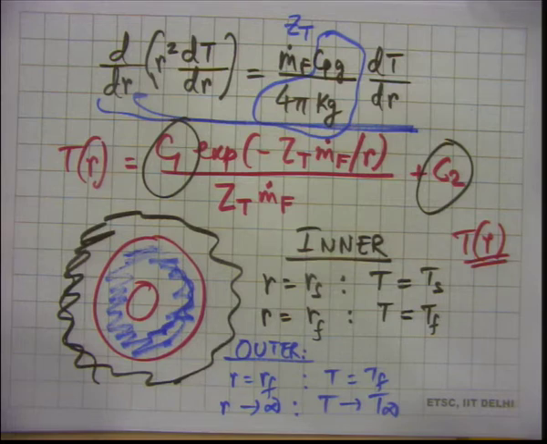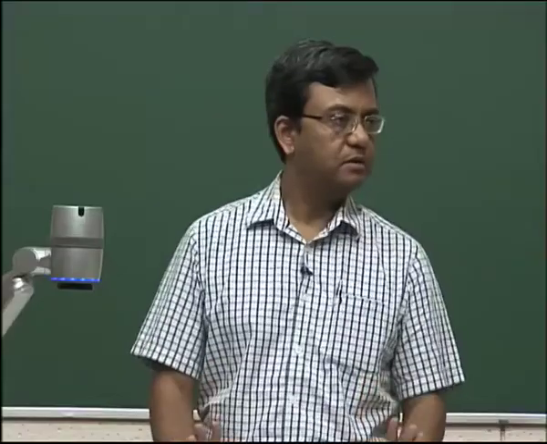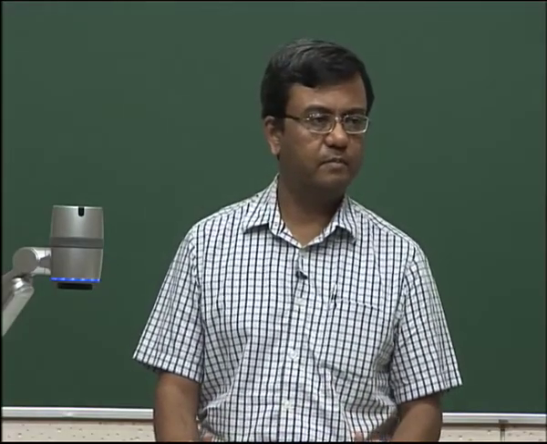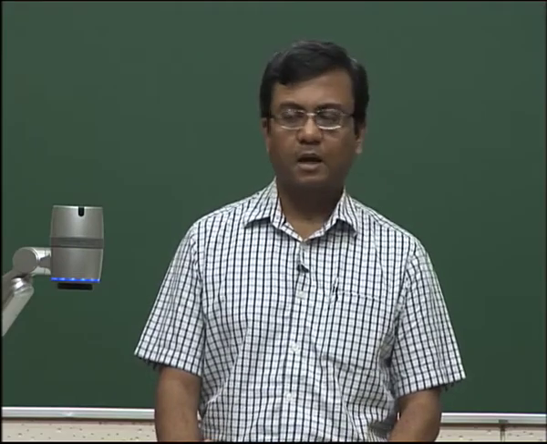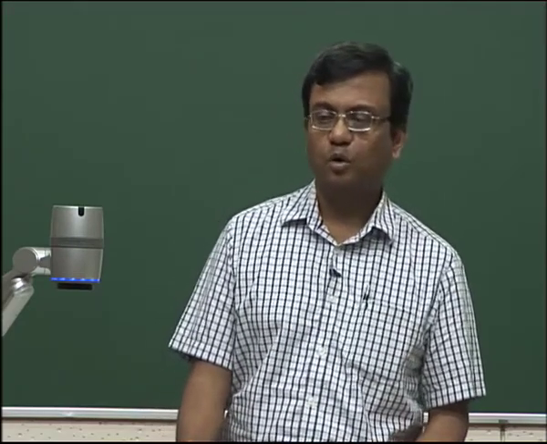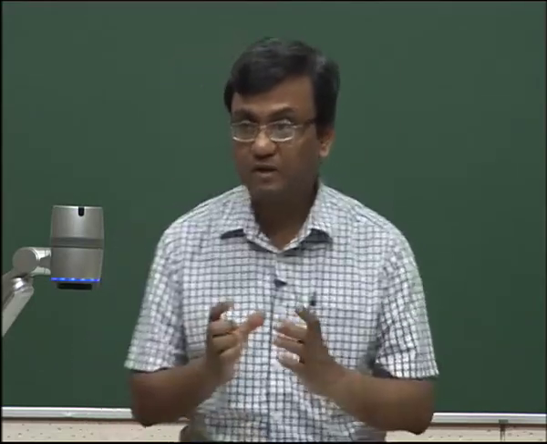Now, if you think about the whole situation, we want m dot, isn't it? M dot will give us droplet lifetime. That's the most important thing. But there are other helpful things we would like to know. We'd like to know where the flame is, how much is the value of Rf.